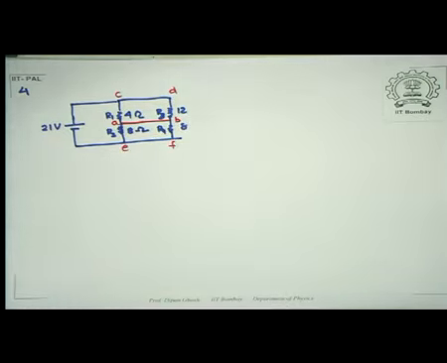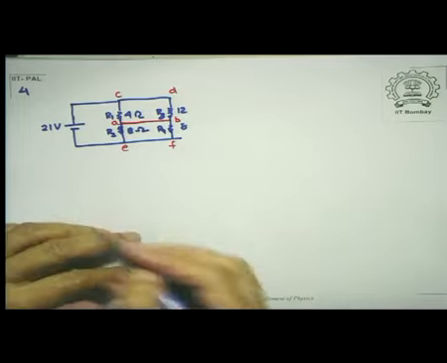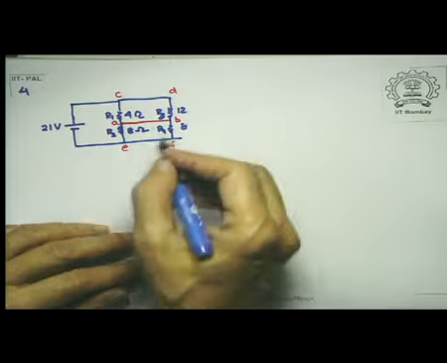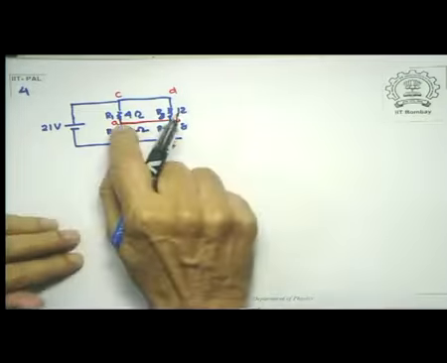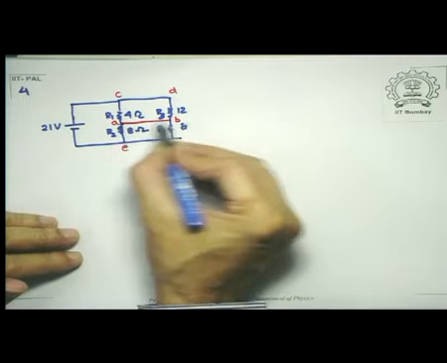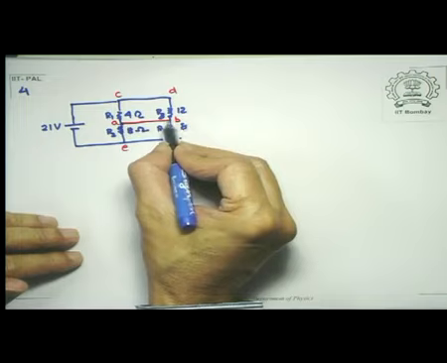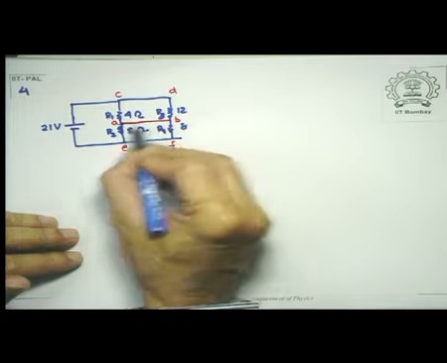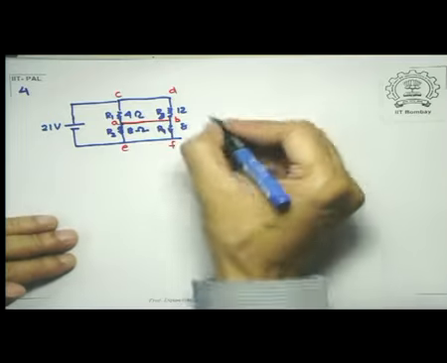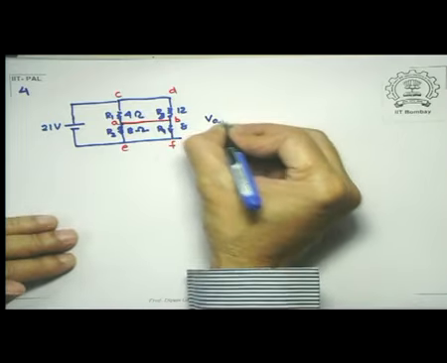Now let us look at what type of a combination this is. First thing you realize is this, that when you close the switch, point A and point B are shorted because there is no resistance across this. So therefore, VA must be equal to VB.